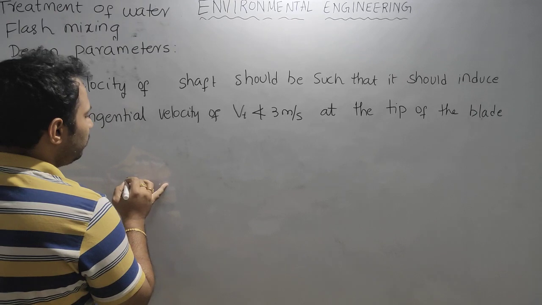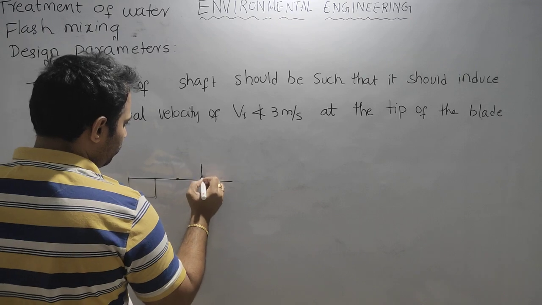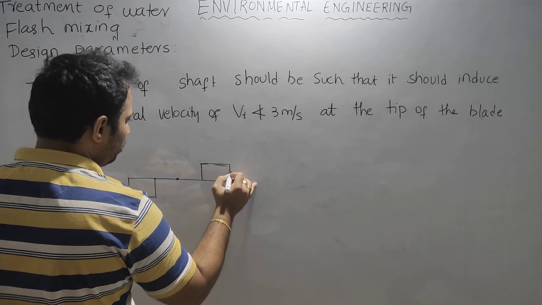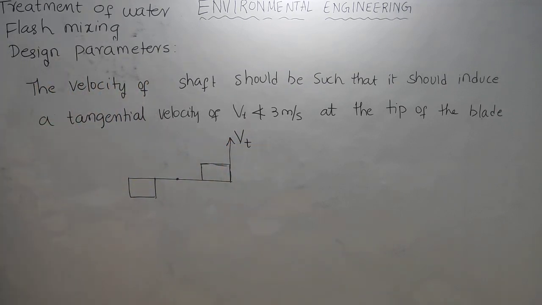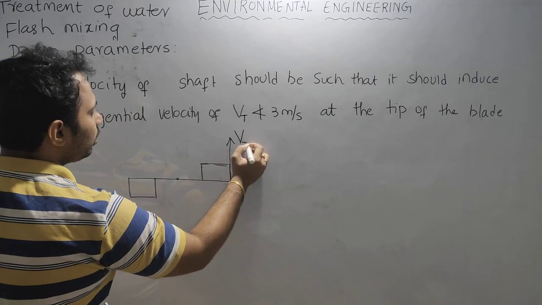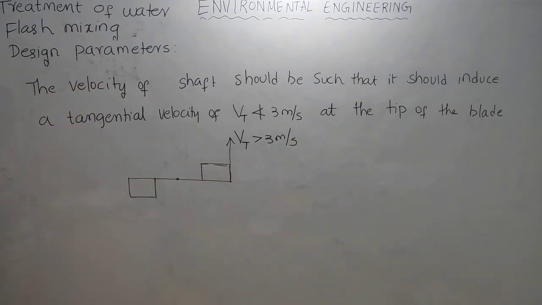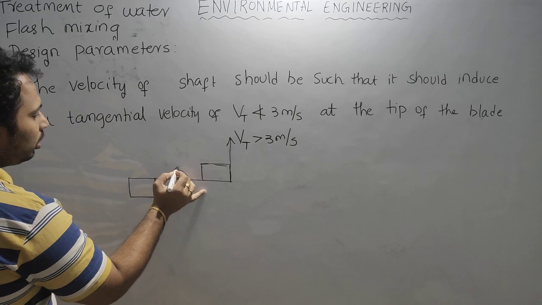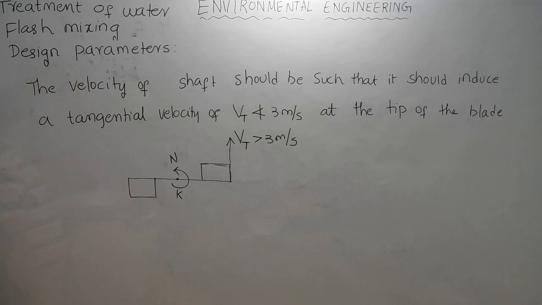So if this is the shaft, these are the blades. This is the tangential velocity. This tangential velocity should be greater than 3 meters per second. So you have to induce an RPM such that it induces a tangential velocity of at least 3 meters per second.